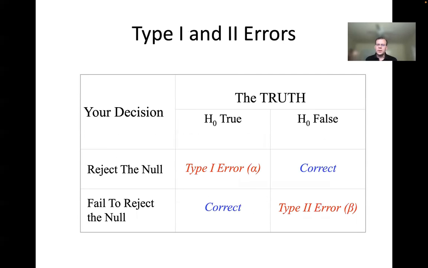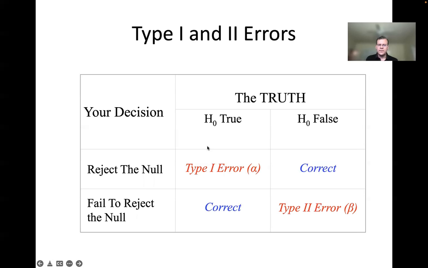So if we think about the likelihood that you reject the null or you fail to reject the null, we can think of a situation where we know what the truth is. So we can say that the null hypothesis is true or the null hypothesis is false. Of course, in reality, we never know what the truth is, but we can set this up as kind of a straw man.